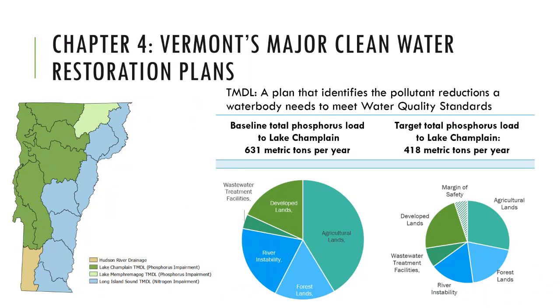So the target total phosphorus load is actually 418 metric tons per year. That's our target, and that's what we're trying to get to using a variety of different approaches at different sources, different investments, etc. Those are some of the biggest things that we're paying attention to right now.